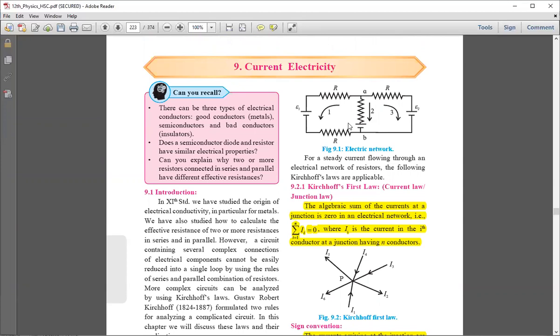We most of the time think that a loop is circular, but it is not like that. A loop can be rectangular, can be a square, can be of any shape. The main condition is that the path should be closed, because current will always flow in a closed circuit or closed path. If the circuit is open, current will not flow.